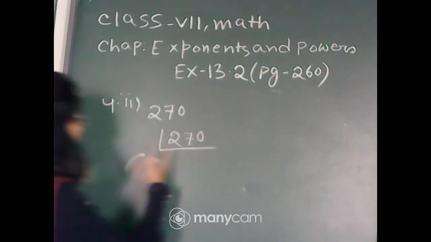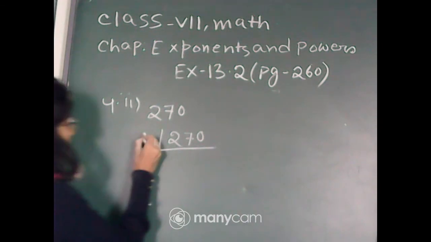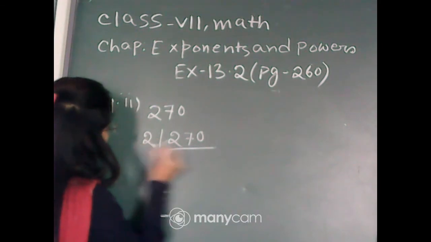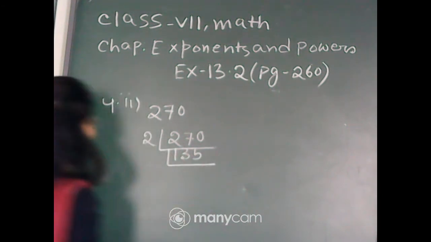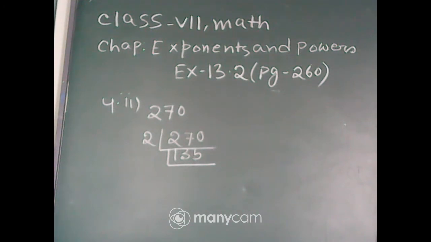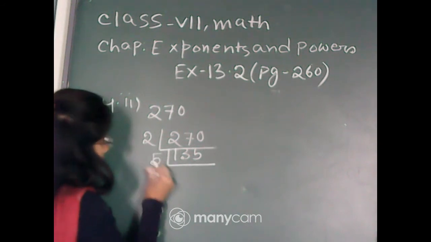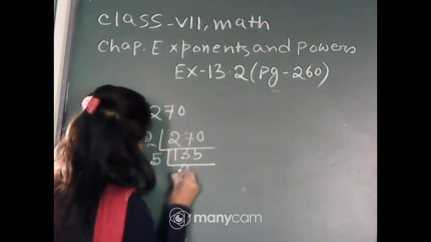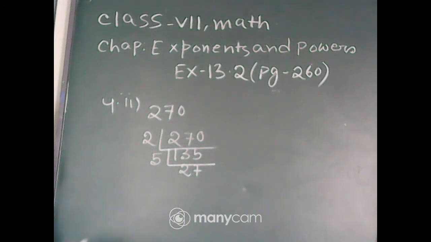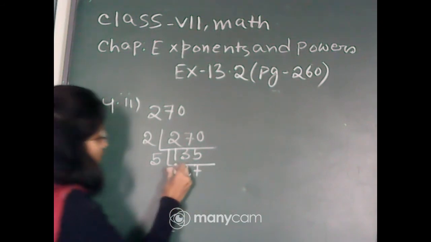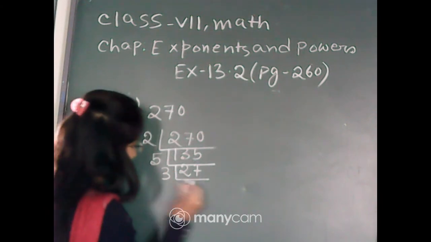Now, we see that the number 270 is divisible by 2. So, when we divide the number 270 by 2, we get 135. Again, we divide the number 135 by the prime number 5 and we get 27, isn't it? 27 is not prime, so we divide 27 by the prime number 3 and we get 9.